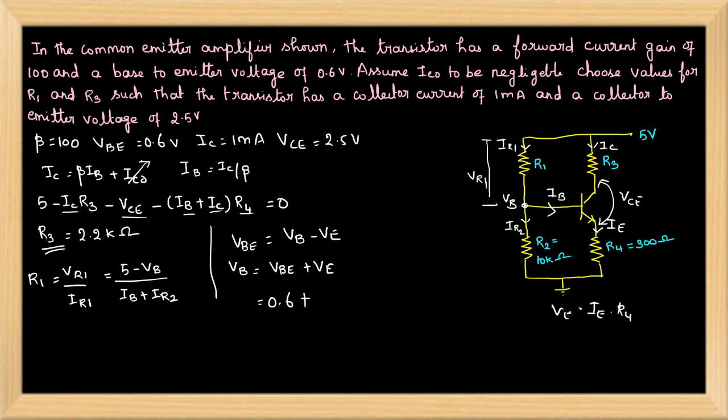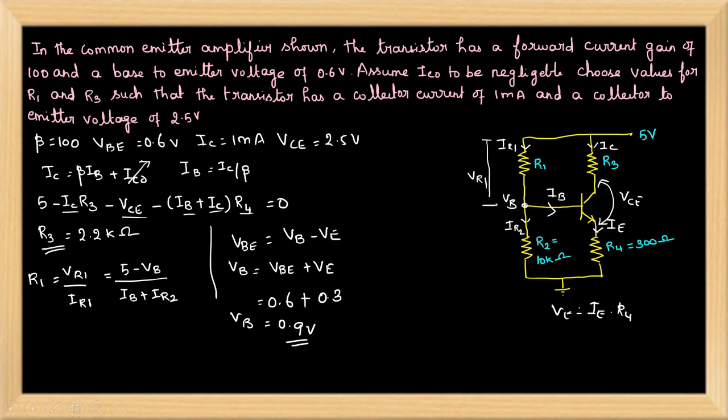So VE equal to IE into R4. We don't know IE, but it can be taken as approximately equal to IC. So VE equal to IC into R4, so it will be around 0.3 volt. So VB equal to 0.9 volt.